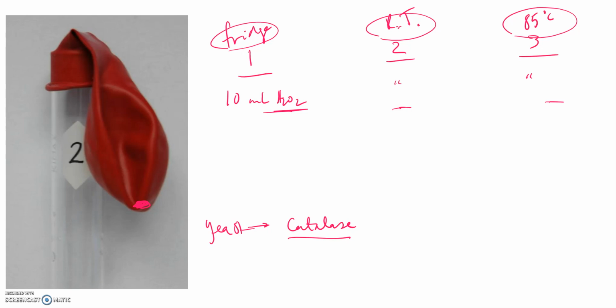So you probably got the lowest in the refrigerator, and then you had more reaction at the room temperature, and you had the maximum amount of reaction at 85 degrees. Now, at some point, the temperature would be so high that the enzyme would become denatured, and then you would see no reaction occurring. But in this case, 85 was probably a very good temperature for this enzyme to be carrying out its reaction.